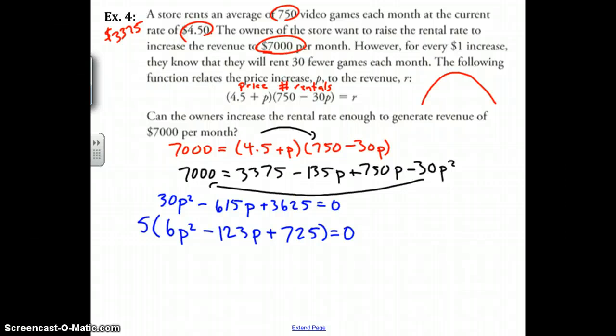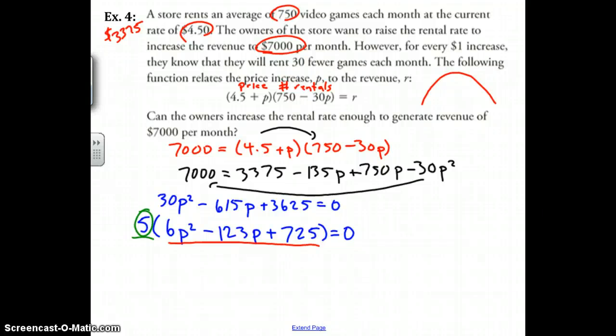Looking at that, the numbers inside still don't look like fun to factor, so we're going to look at doing the quadratic formula. To use it, we need to identify our a, b, and c. One nice thing we can do is deal with this 5.